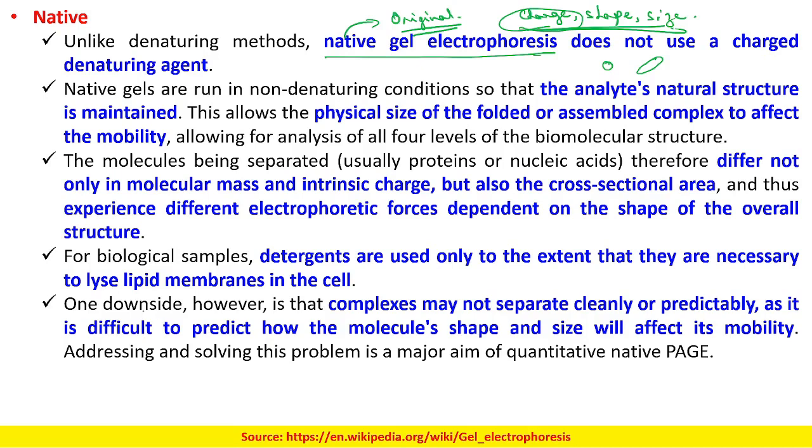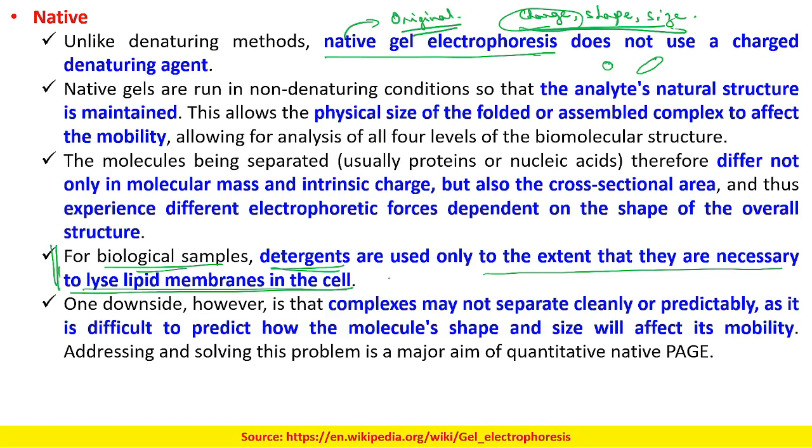Here also, for the biological samples we may have to use detergents. However, these detergents are only used to the extent that they are necessary to lyse the lipid cell membranes in the cell.